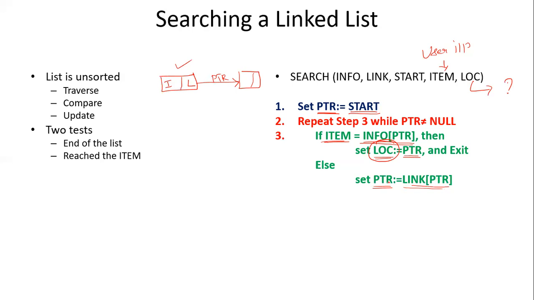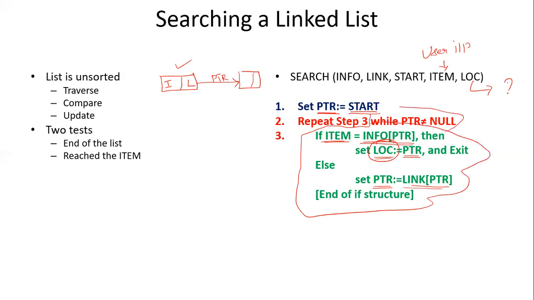After that, what do you have to do? Then we updated the PTR. After updating the PTR, we have to check for item in the PTR. So now there seems to be a repeating operation, so we will put the entire thing in a while loop, and we continually execute this until PTR is equal to null.